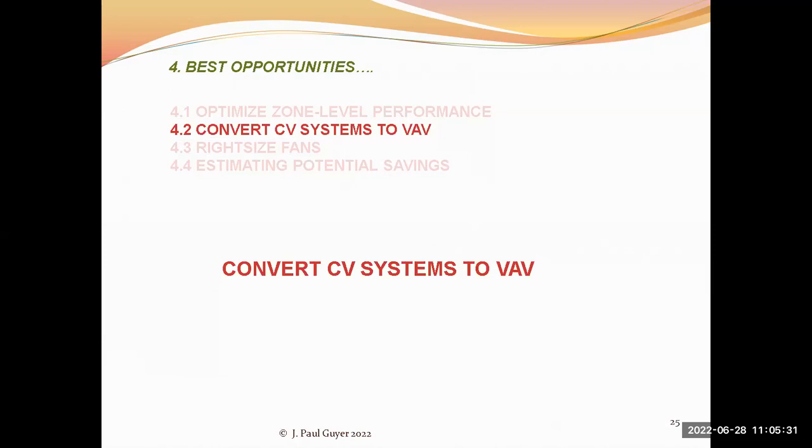The early VAV systems did not have the benefit of variable speed drive electric motors. And therefore, this was a problem or an issue with VAV systems when they initially came onto the market, if you will.